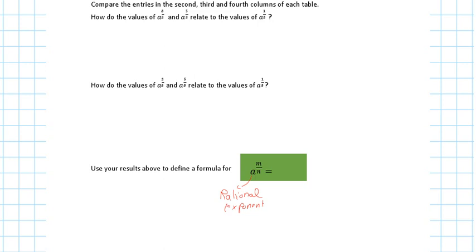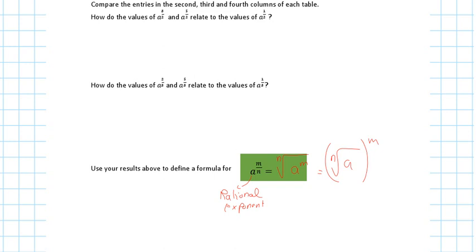I'll tell you the name of the other one. Okay, so let's write the formula. So what do you think the formula is going to look like? If you have a to the power of m over n, it's the nth root of a to the power of m. Okay? I can write it in two different ways. I can write it as the nth root of a to the power of m, or as the nth root of a with the m outside. Doesn't matter which format you prefer. They both work.